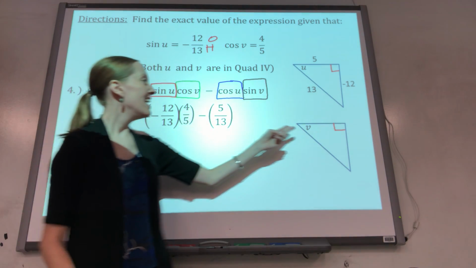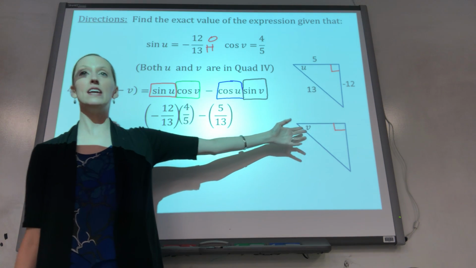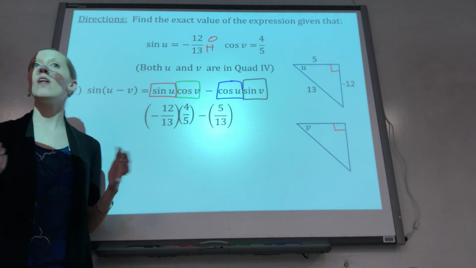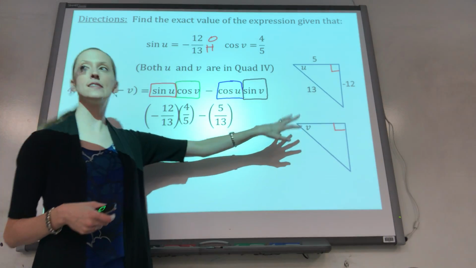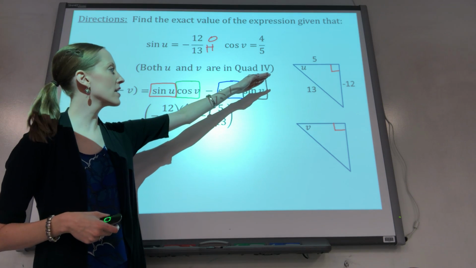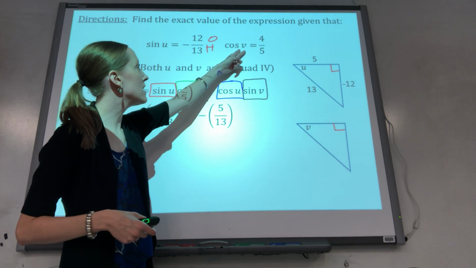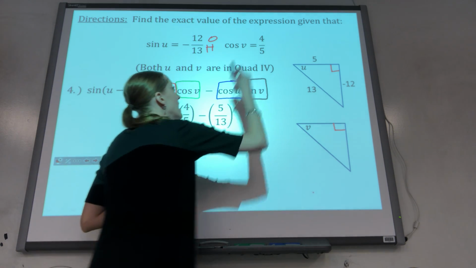Okay, so again, instead of putting theta right here like handy dandy has, we want to put v. And so let's start to label this triangle. This is the u triangle, this is the v triangle. Cosine of v is 4/5.